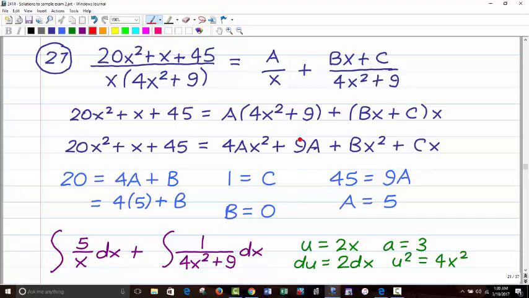I don't put those on a test, but with bx plus c, you could lose one of those two, but not both. So you see, we did lose one of those terms. That doesn't mean you will. Oftentimes you'll still have a number for b and a number for c. But the fact that we got b equals 0 here is not that big a deal. So that's okay. Don't worry if that happens.